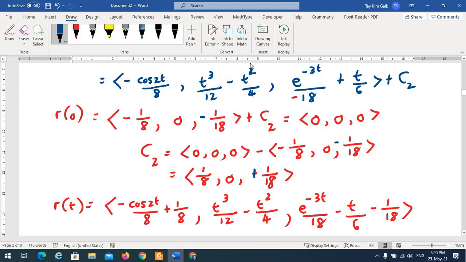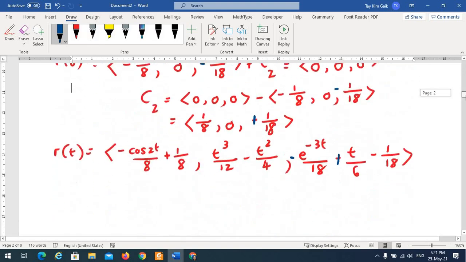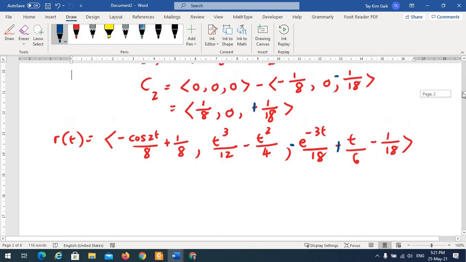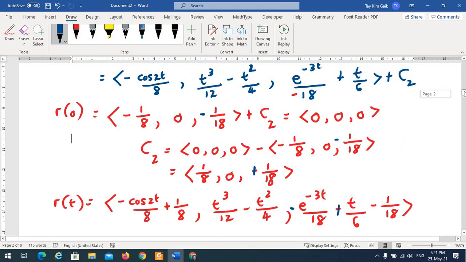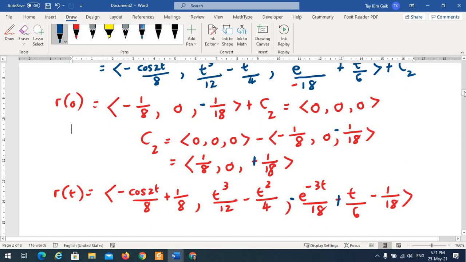Component k here is negative e to the negative 3t over 18, and then plus t over 6, add up with C2, positive.